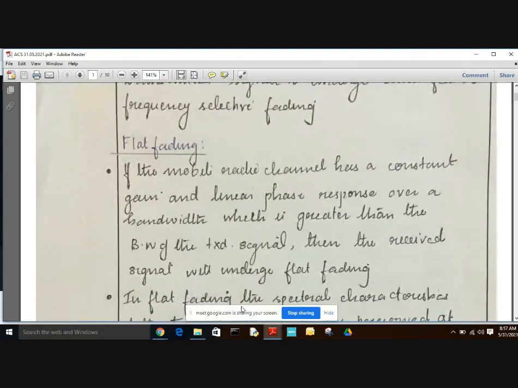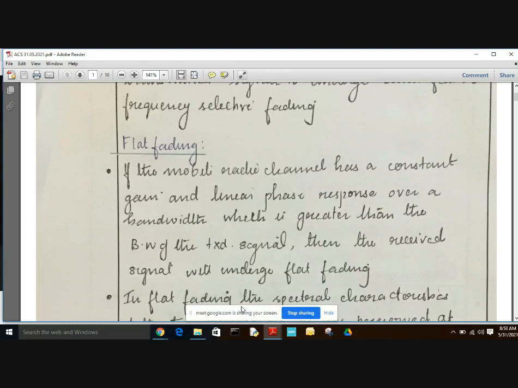In flat fading, if the mobile radio channel has a constant gain and linear phase response over a bandwidth which is greater than the bandwidth of the transmitted signal, then the received signal will undergo flat fading. So if the channel bandwidth is greater than the signal bandwidth, then we have flat fading.